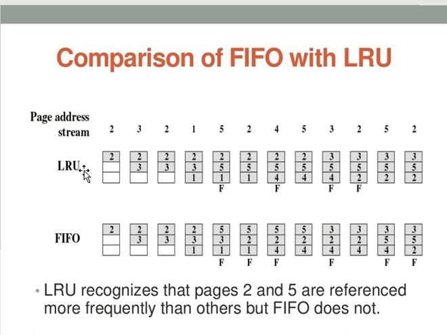LRU we can say is intermediate, because it is a maximum approximation of OPT, but it is not OPT. LRU is also advantageous in that it recognizes that pages 2 and 5 are referenced more frequently than others, but FIFO does not. So FIFO cannot identify which page is used more frequently, but LRU can recognize that.